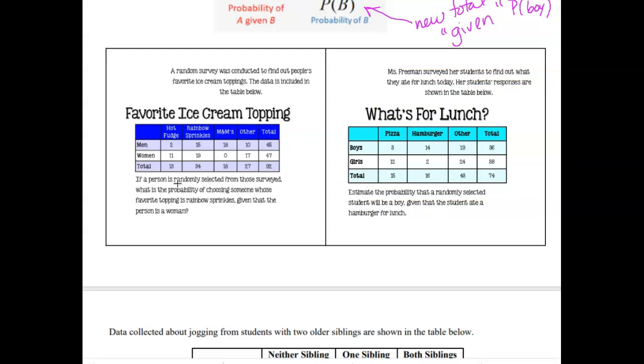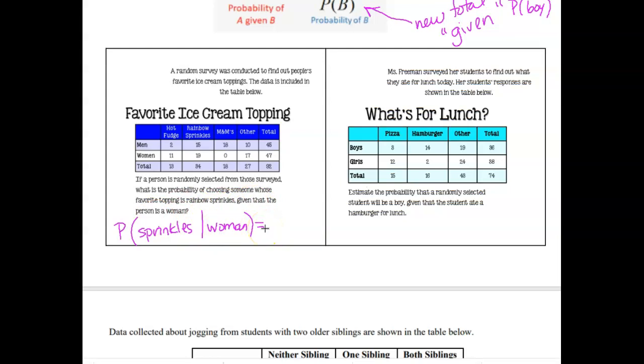So it says, if a person is randomly selected from those surveyed, and it's always going to say that, what is the probability of choosing someone whose favorite topping is rainbow sprinkles, given that the person is a woman? So in notation, because you might see that too, it'll say choosing sprinkles, given that the person is a woman.